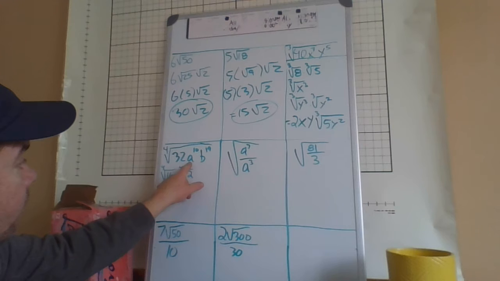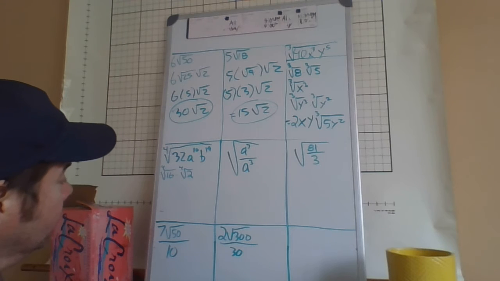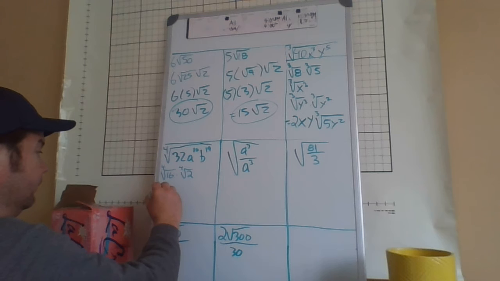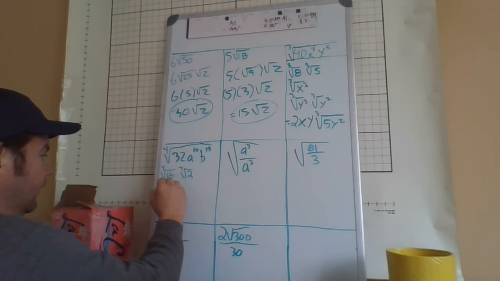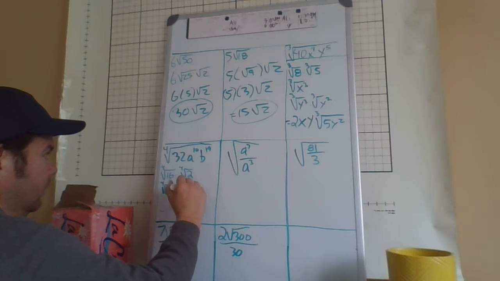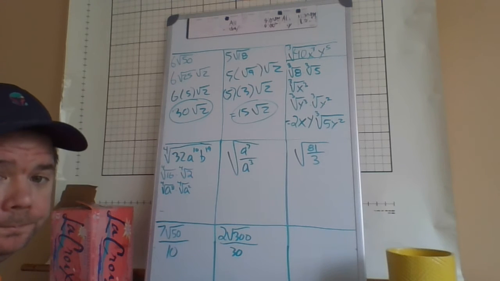What I can take out of a to the 10th are multiples of 8, so I can take out a to the 8th. So I've got the fourth root of a to the 8th times the fourth root of a squared.